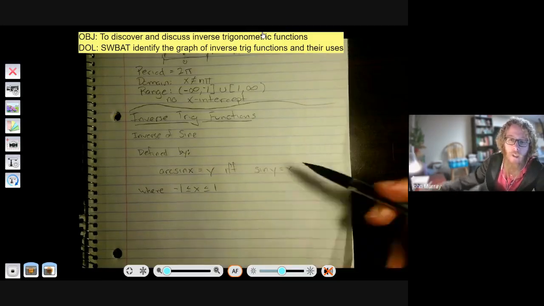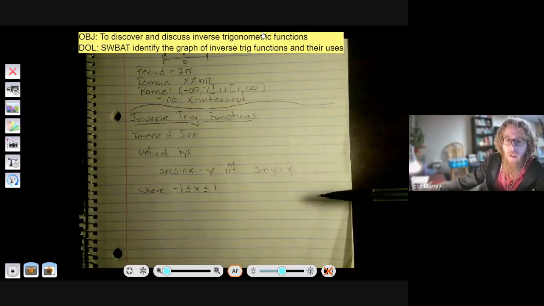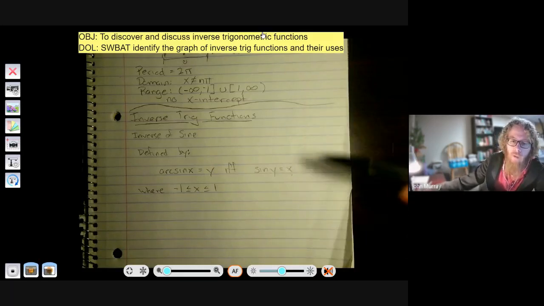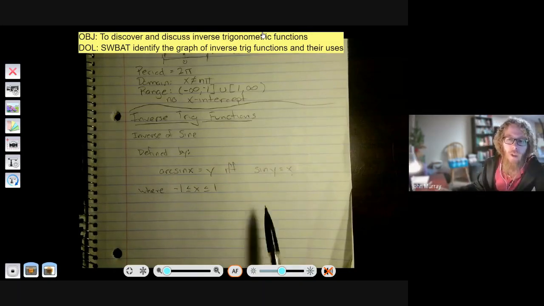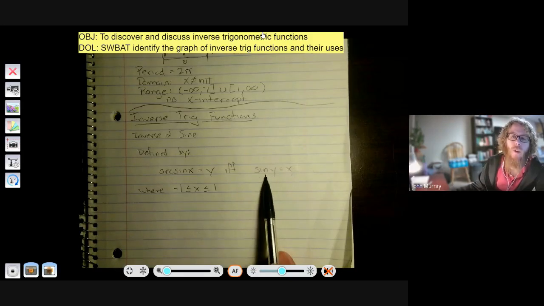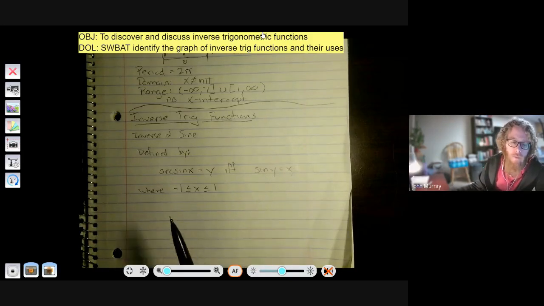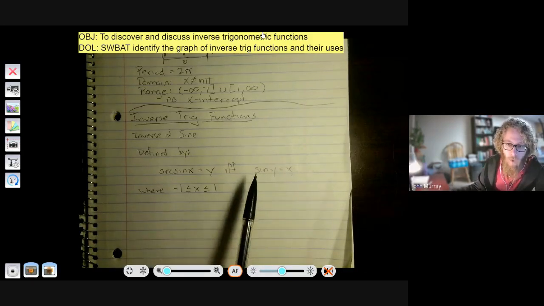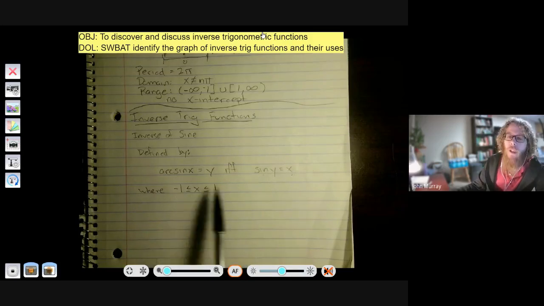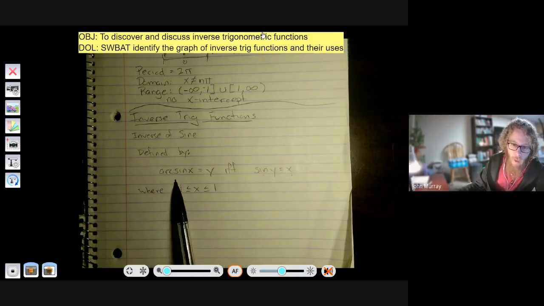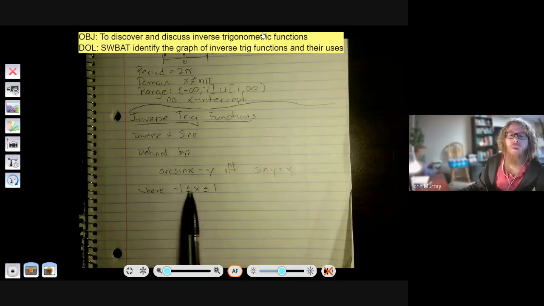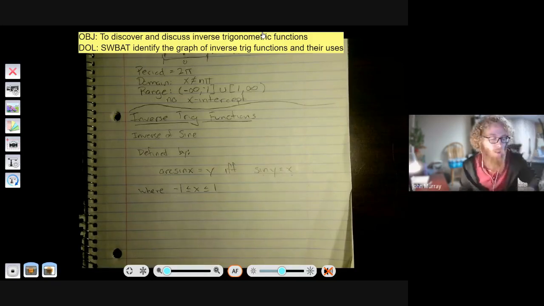When I have sine, the range of my sine is from -1 to +1. So remember, when we take the inverse, we swap the domain and the range. So because the range of our original sine is from -1 to 1, then the domain of arc sine has to be from -1 to +1.